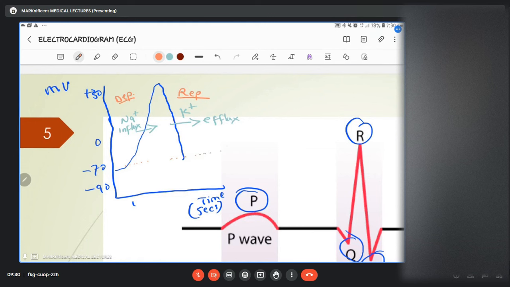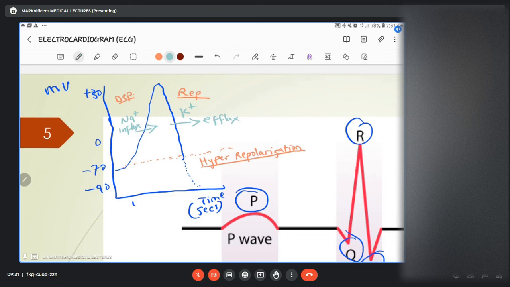Down here, you can have it as hyperpolarization.